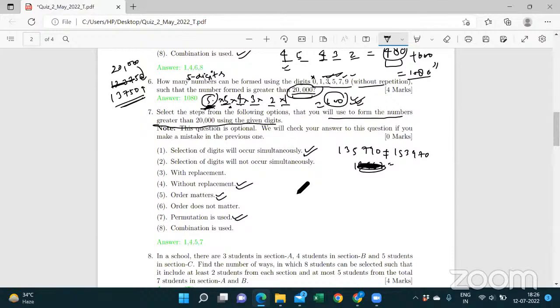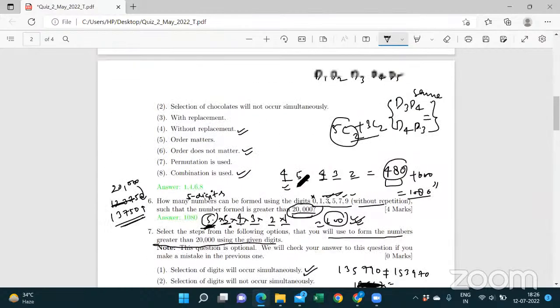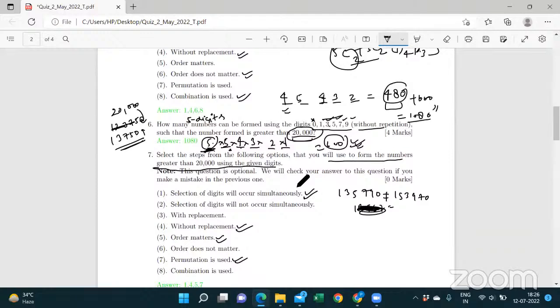Sir, just one question. Can you give me an example of not occurring simultaneously? I get confused sometimes. Okay. Occurring simultaneously means things happening together, one after the other. Suppose we take this 5-digit number.